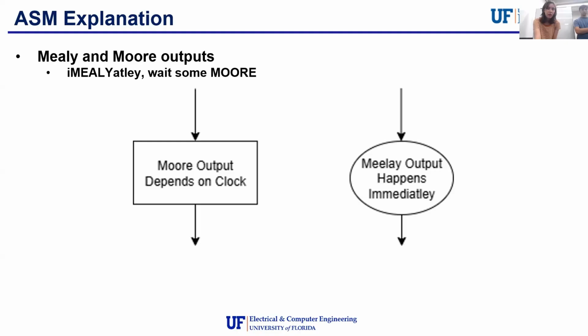And as you're tracing through an ASM by yourself, once you hit one of these circles with an arrow, it might be from a conditional or it could be directly from a Moore output. You could have an arrow going from one of these Moore outputs to a Mealy output without anything in between. So as soon as you hit that circle when you're tracing through it, that output will be triggered or the output will be set to true.